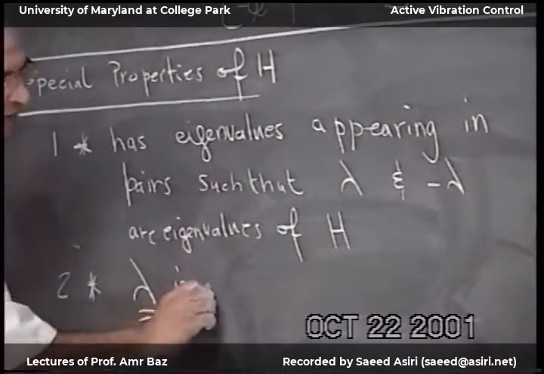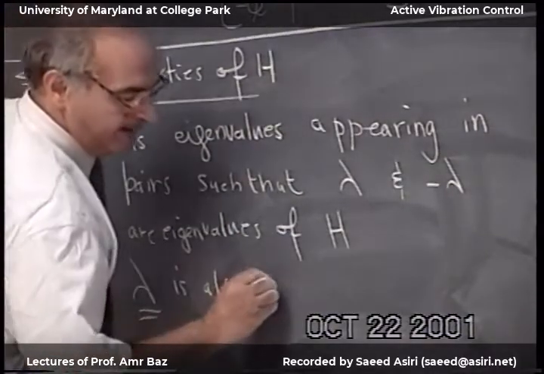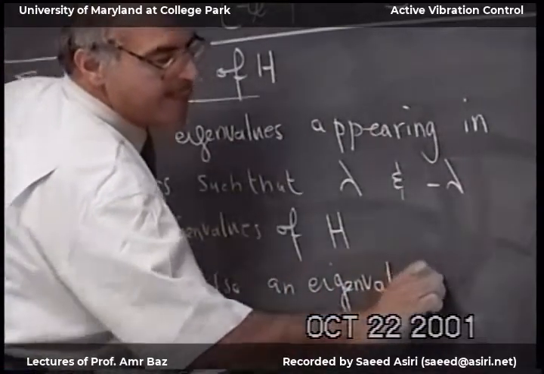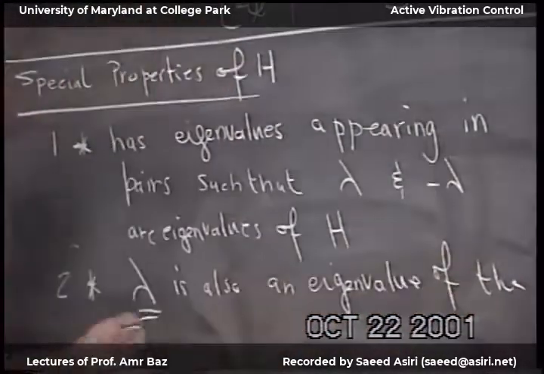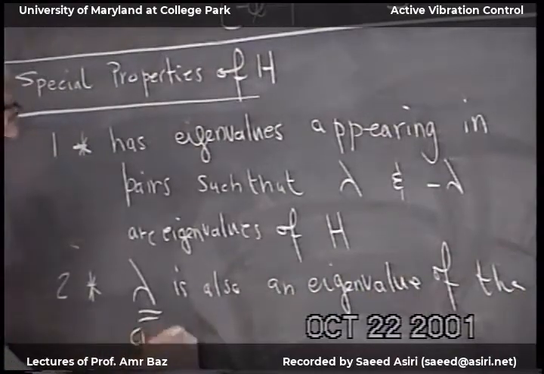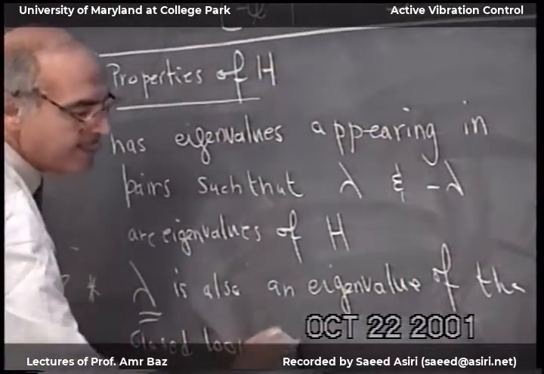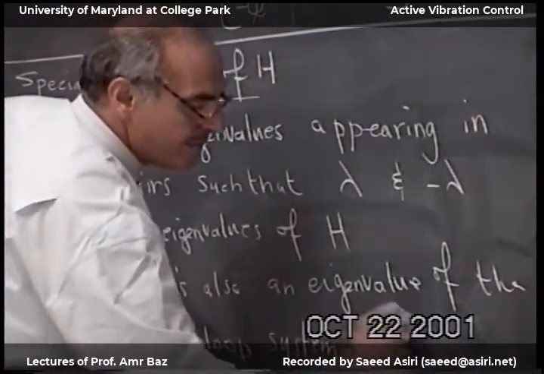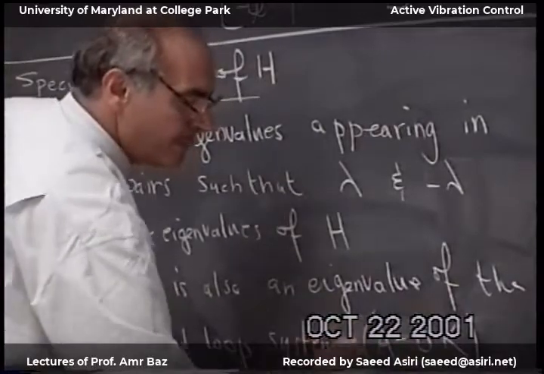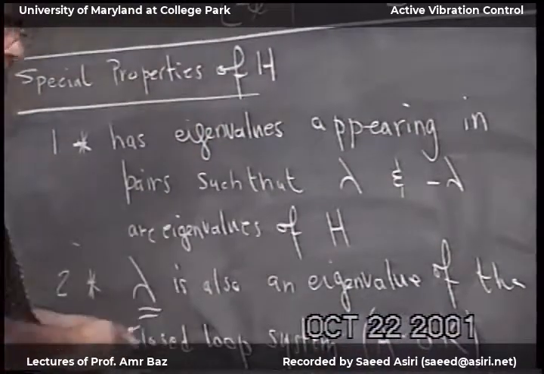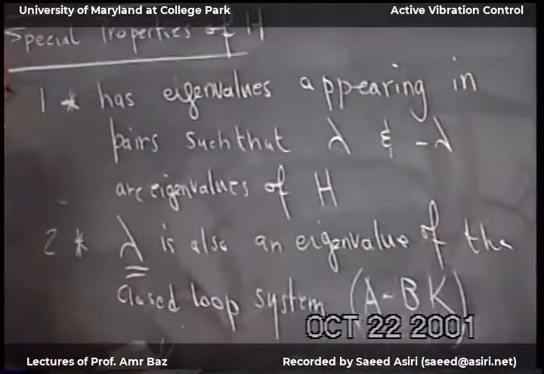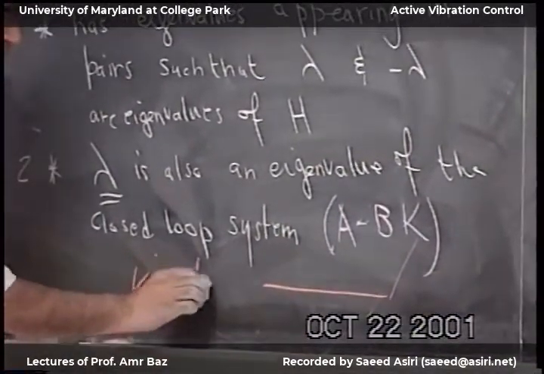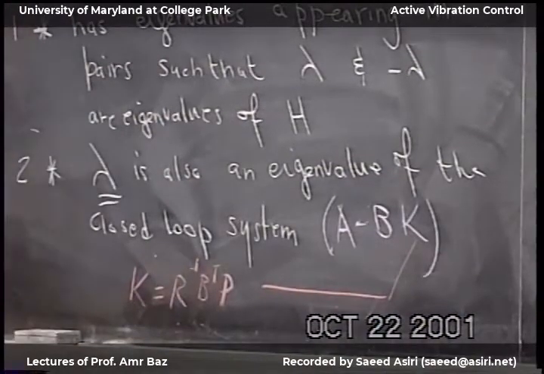Lambda is also an eigenvalue of the closed loop matrix, where this K is the R inverse, B transpose, and P.